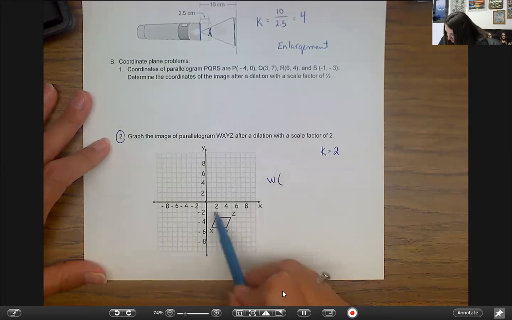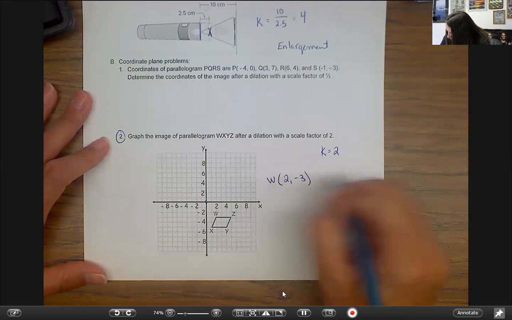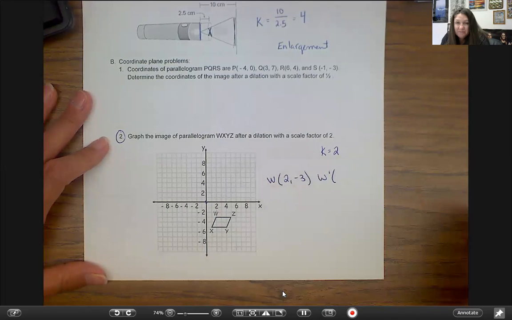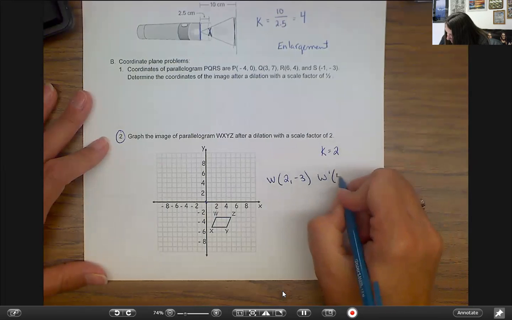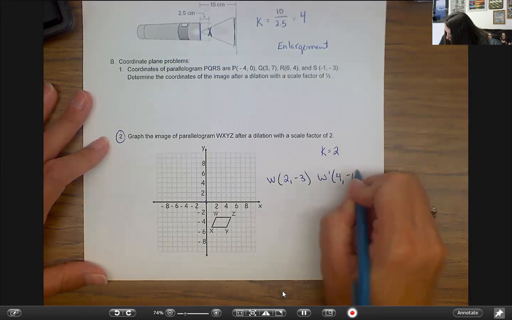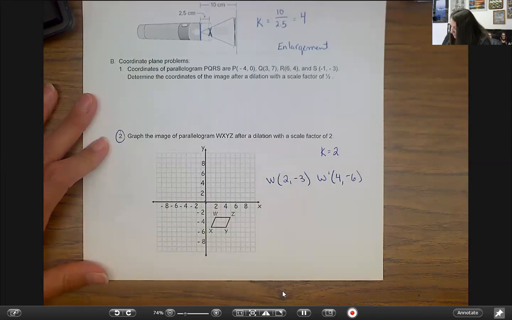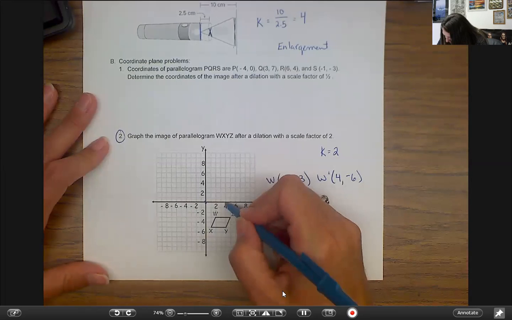So W is located at 2, -3. So W prime, or the image, would then have to move twice the distance from the center. So 2 times 2 would be 4, and 2 times -3 would be -6. So now I'm going to move W prime to 4, -6.